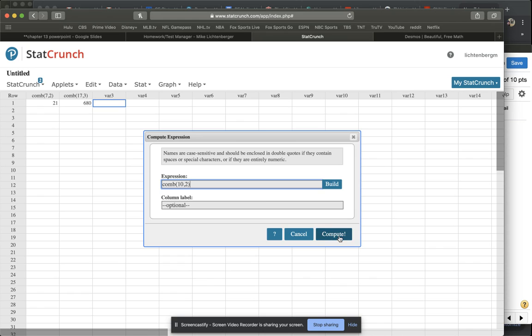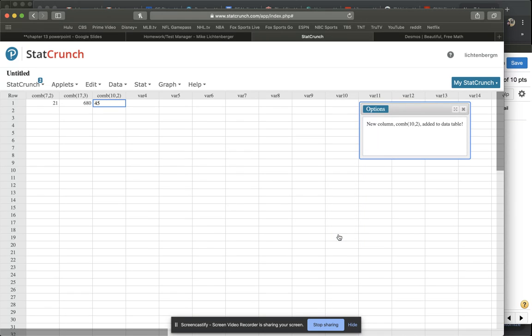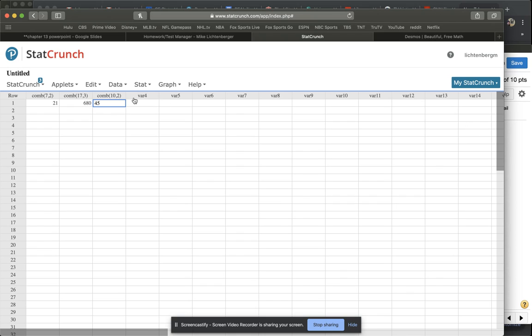Okay, so 10, 2. When I compute that, I get an answer of 45. So this is my answer for retailer, and this is my answer for contractor.